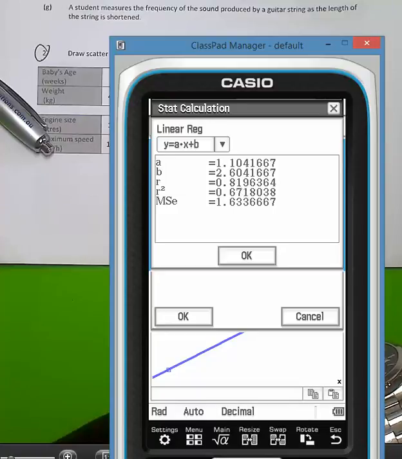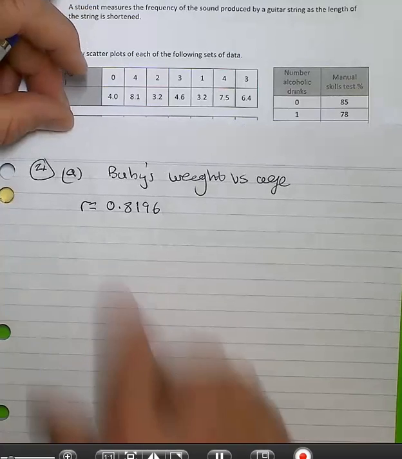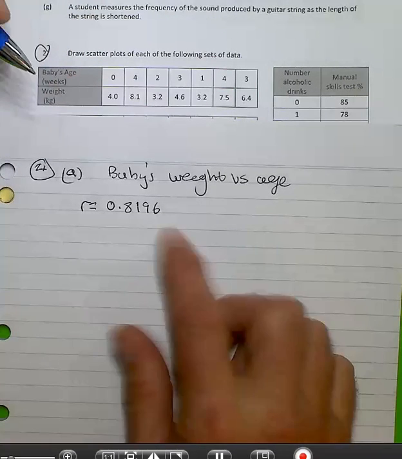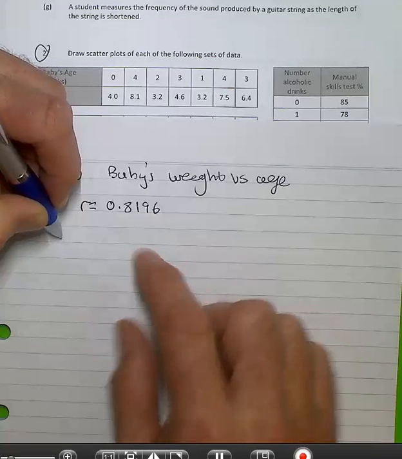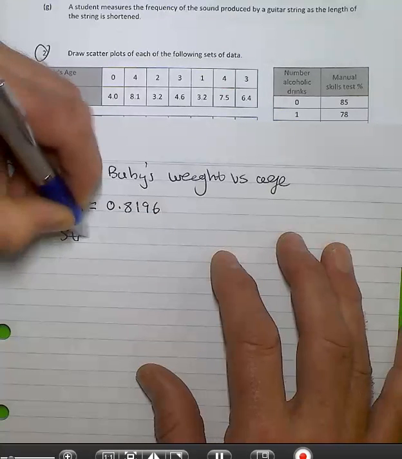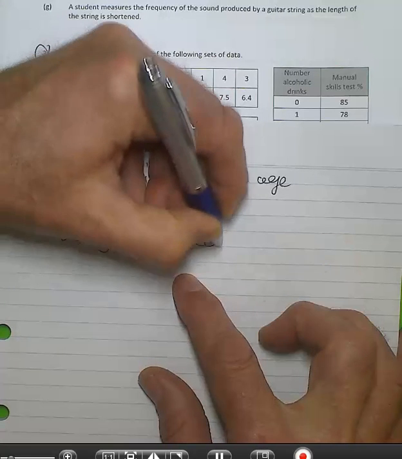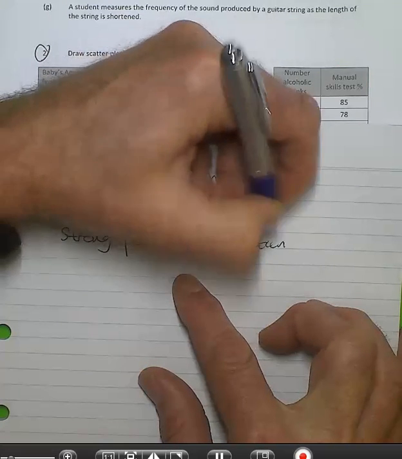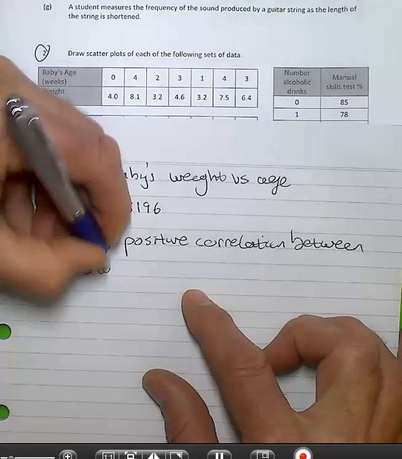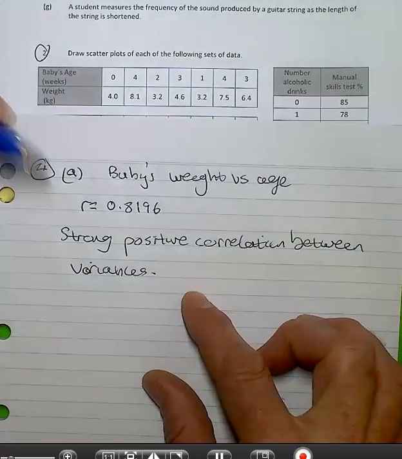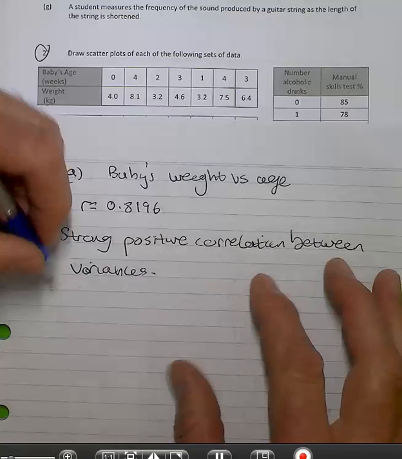I'll just put that down into writing. Now just putting that down in writing now is my positive correlation between the two variables. So I state what this figure is telling me, and then I relate it to the question. In a test or an exam, that's 2 out of 3 because I haven't said how it relates to the question.